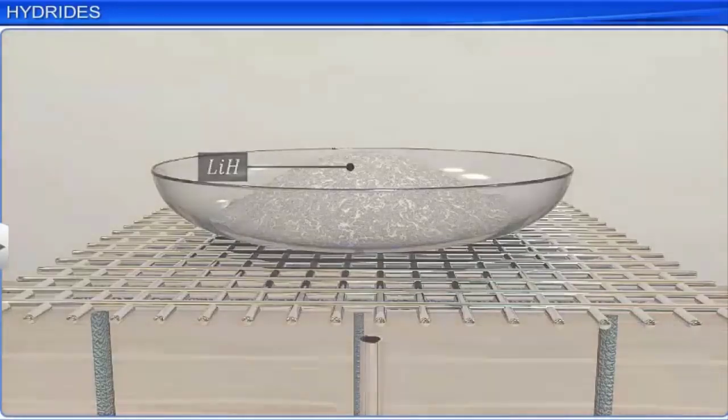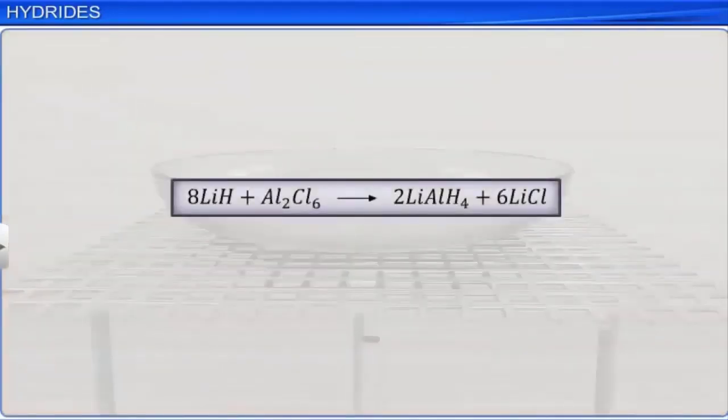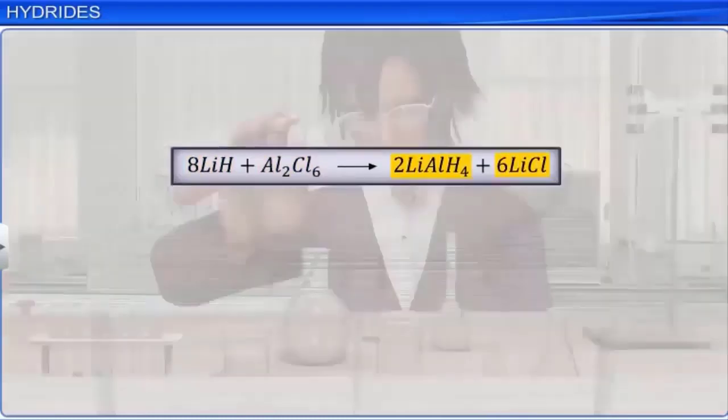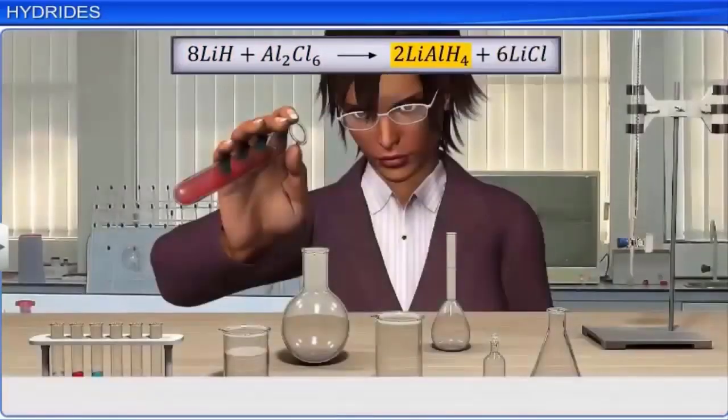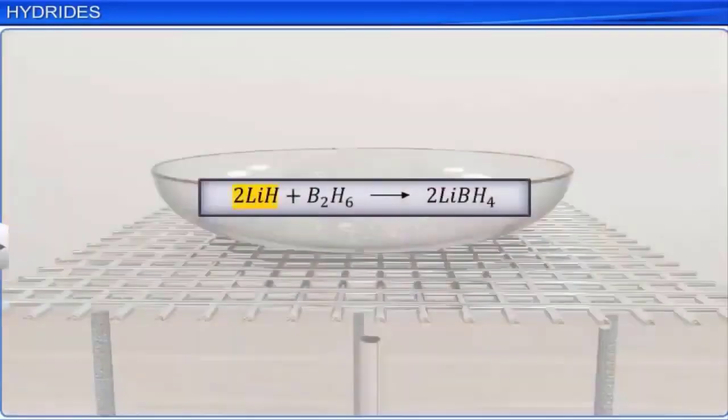The reaction that takes place is lithium hydride reacts with aluminium chloride to give lithium aluminium hydride and lithium chloride. Lithium aluminium hydride is a powerful reducing agent and used extensively in organic chemistry. Lithium hydride also reacts with boron hydride to give lithium borohydride.